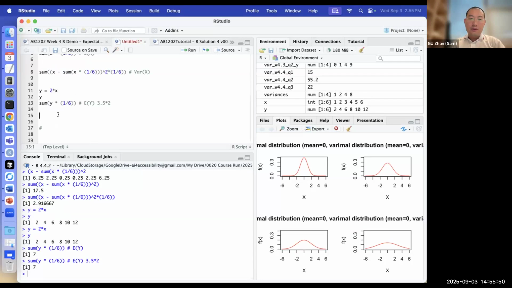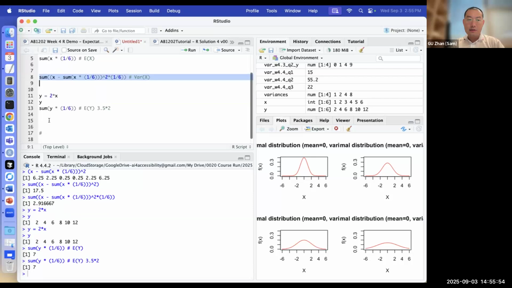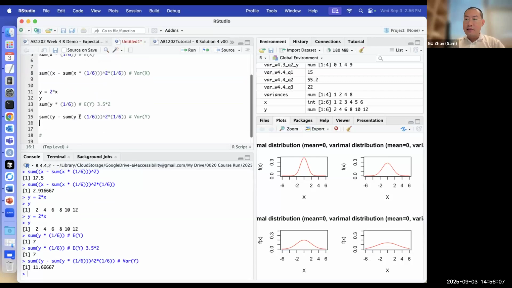Then what about the variance of y? For the variance of y, we again use this formula, but instead of x, everything is y. So y becomes 11.66667. Then we want to find out whether this is correct.